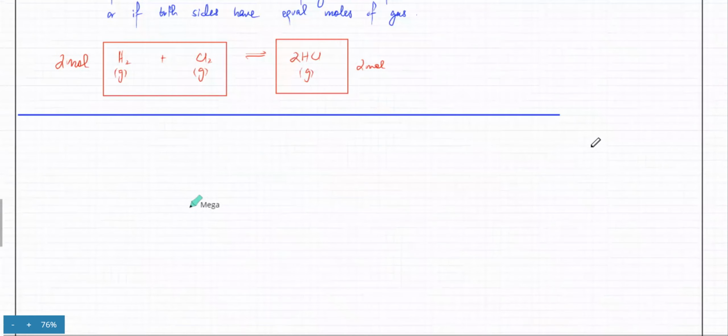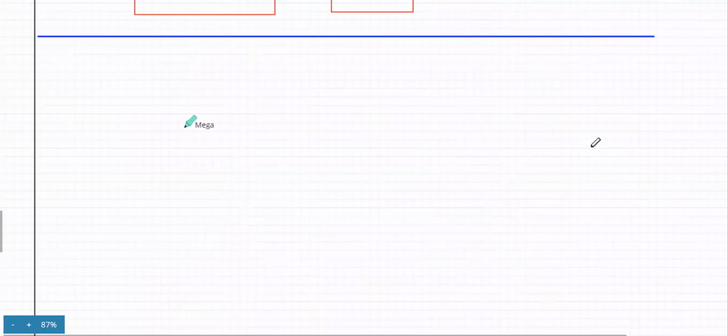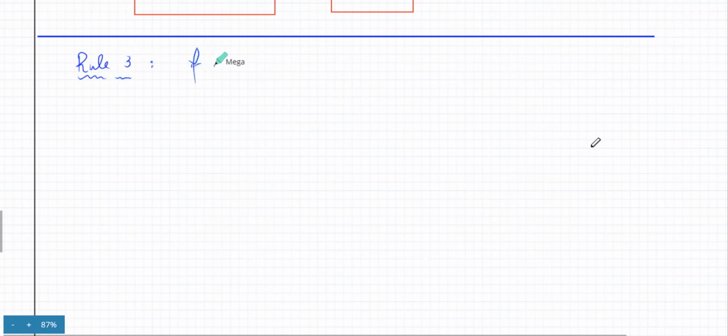The last Le Chatelier principle rule, rule number 3, is that if you increase the concentration of anything, reactant or product, then the equilibrium would try to do the opposite.